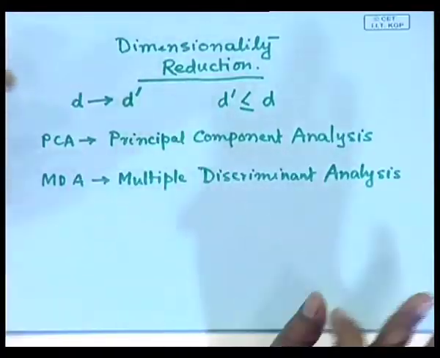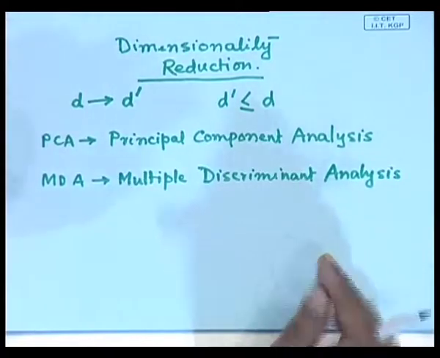So, multiple discriminant analysis, when you take a projection onto a different feature space, tries to separate the mean vectors of different classes, and at the same time tries to make the samples belonging to the same class more compact. That means, within class scatter is reduced, whereas between class scatter is increased.